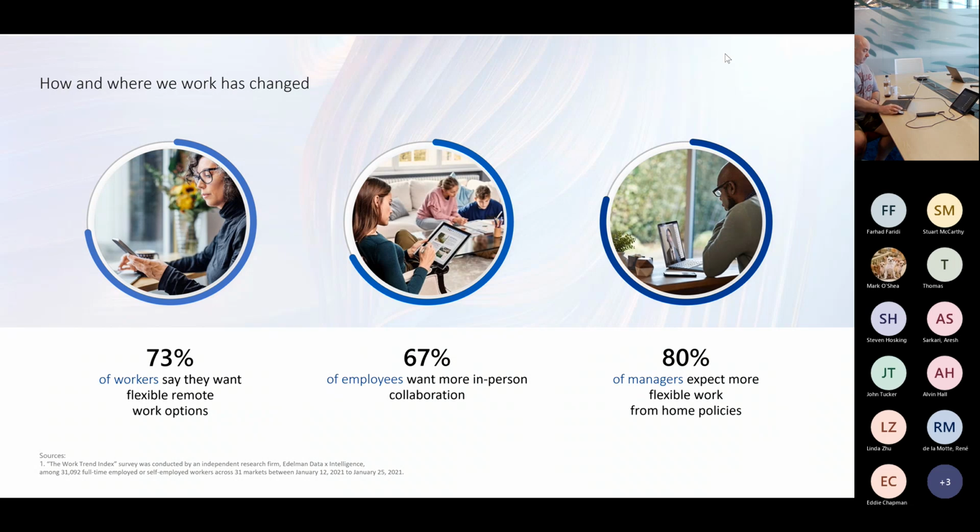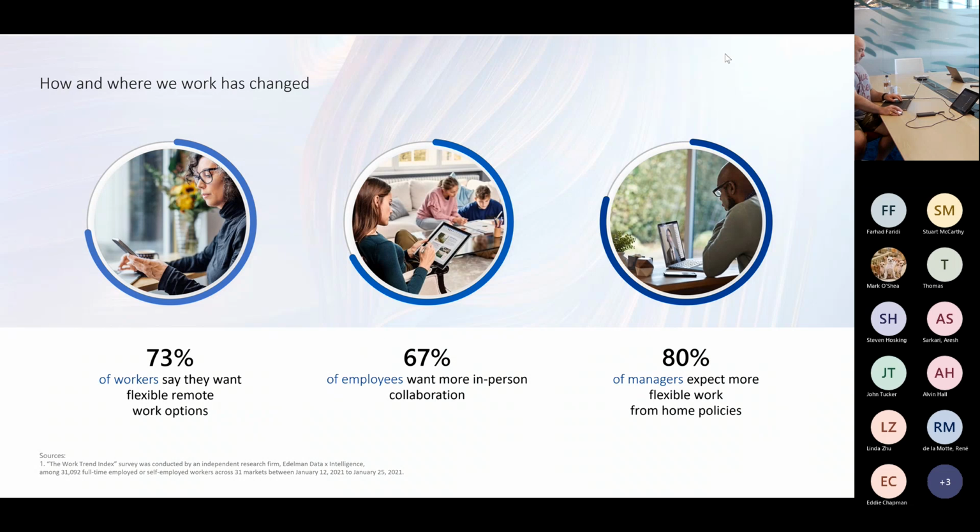At the same time, 80% of the managers had to be more flexible with work-from-home policies. And the other statistic that causes this hybrid paradox scenario is that 67% of employees who responded want more in-person collaboration.